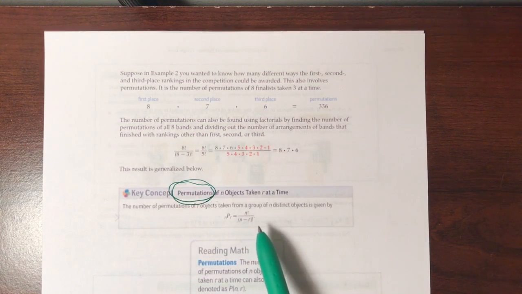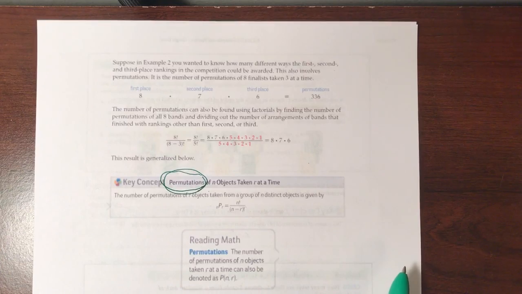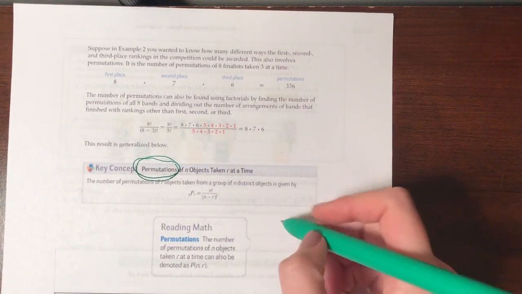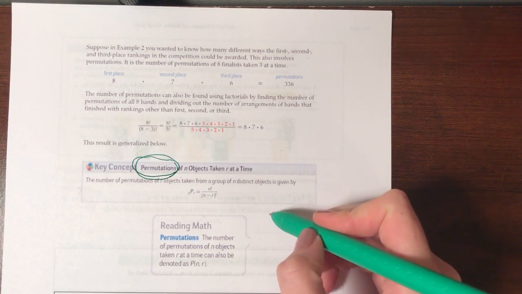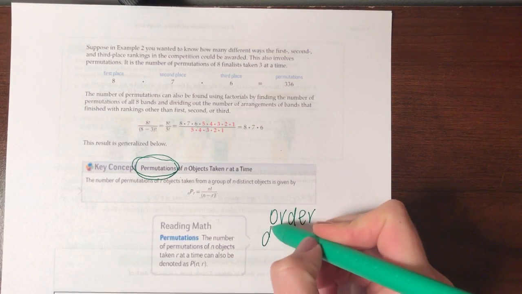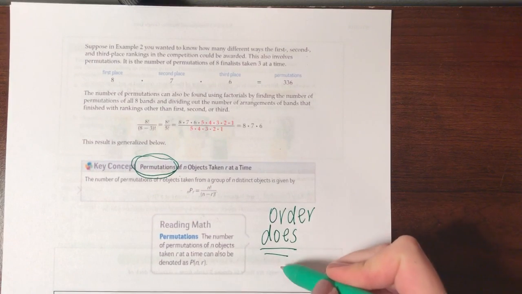So our formula, which we have here, we're going to apply that to example 3. And for permutations, I would make a big note of this off to the side. Whatever things we're working with, the order does matter.